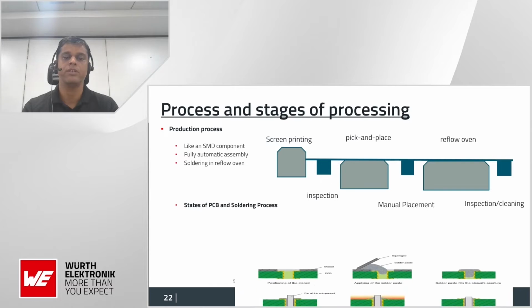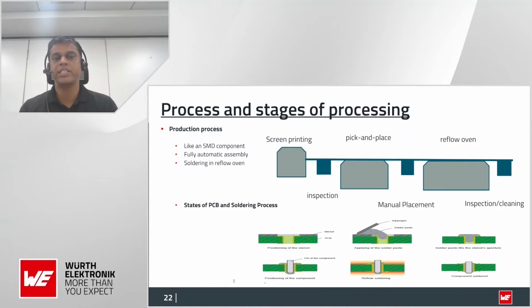And how does the status of the PCB and the soldering process look? You can see in the pictures: first we take the PCB, with the stencil positioned on it. The second picture shows how the solder paste is applied. How many times we apply the solder paste on the PCB and at which angle, we will discuss in later slides.